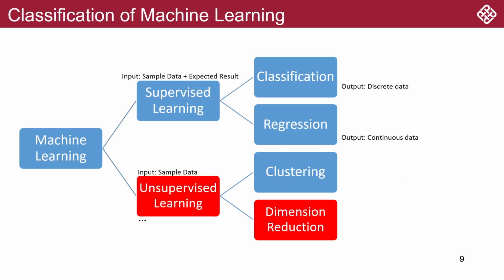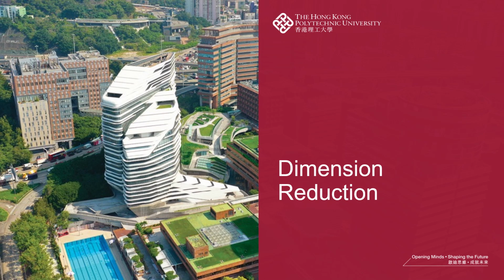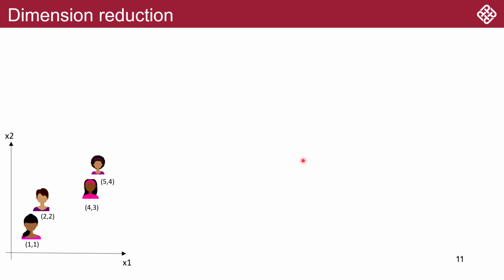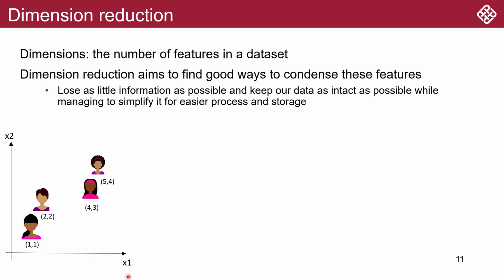Towards the end, unsupervised learning about dimension reduction. Dimension reduction is when I collect too many input dimensions, x1, x2, x3, etc., and then through PCA I find that some dimensions are useful.